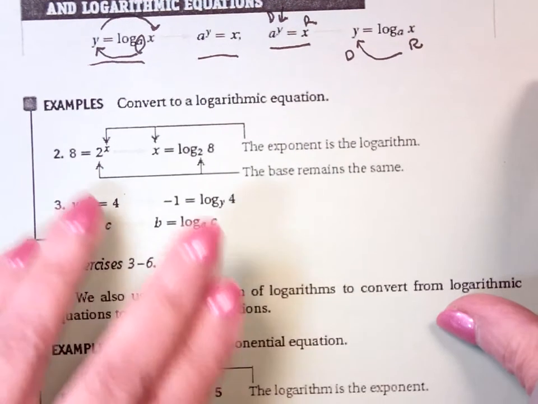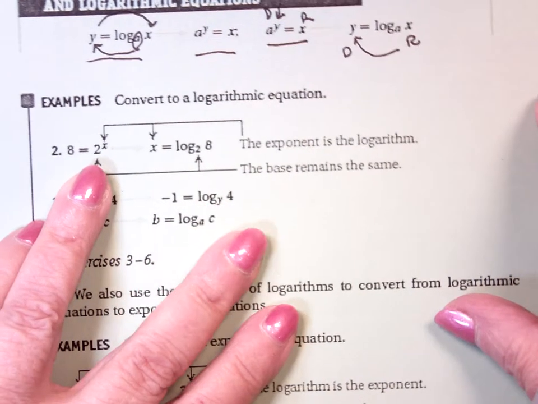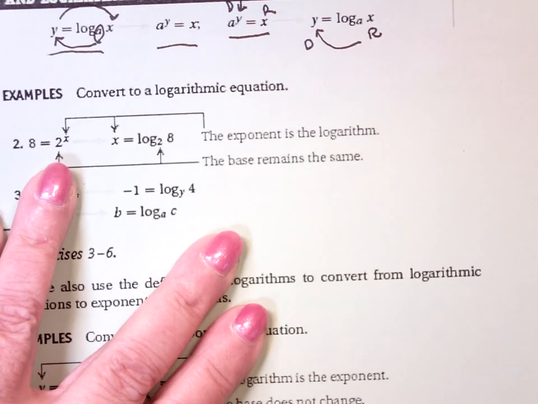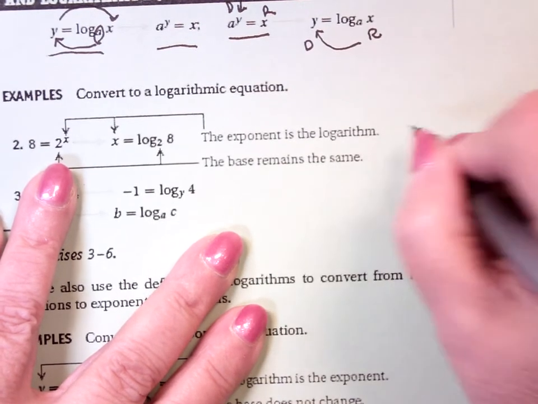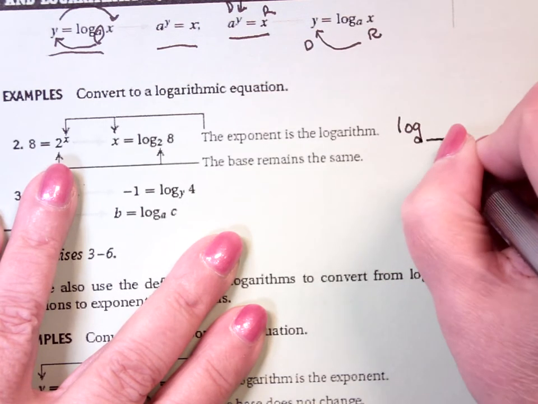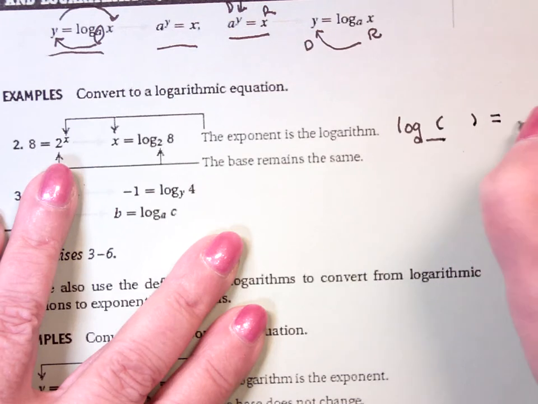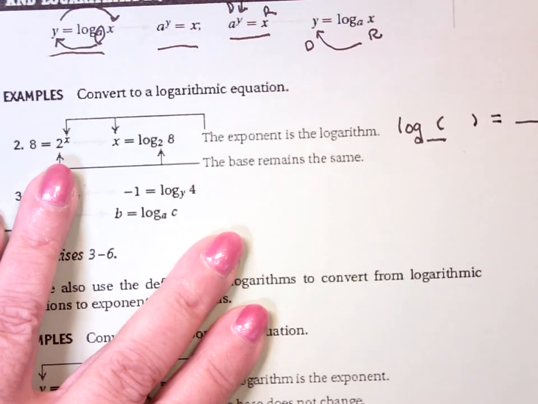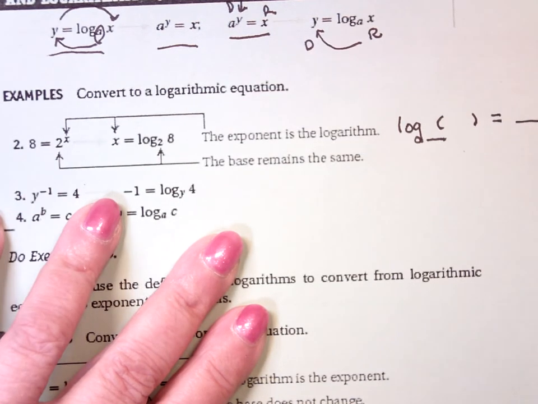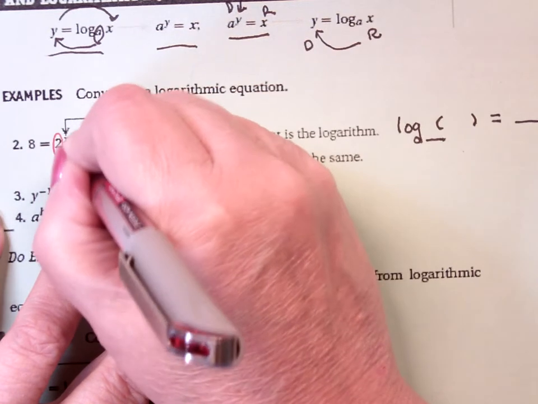So anytime I'm going from exponential to logarithmic notation like this, and unfortunately I have to think this way, I have three things to fill in. I have the log, the base of the logarithm, the thing I'm taking the logarithm of, and the result. The good news is the base is the base is the base, and that guy's the base.